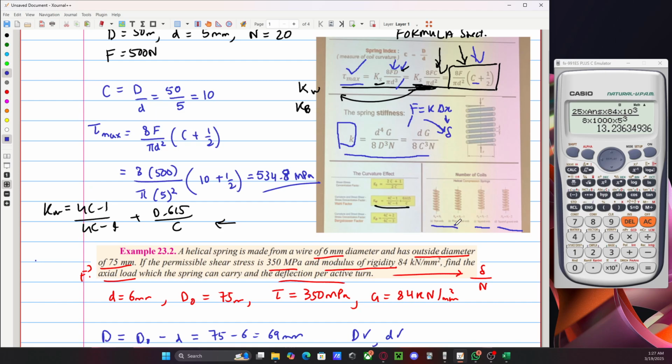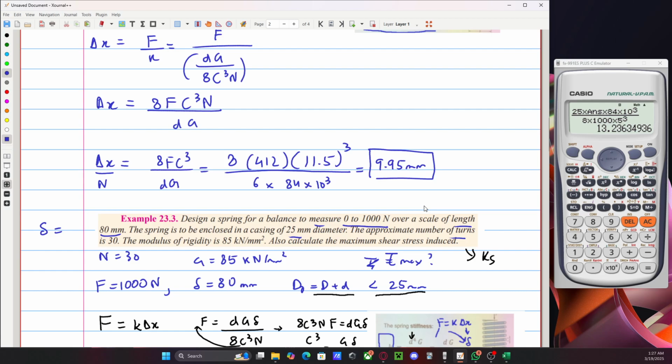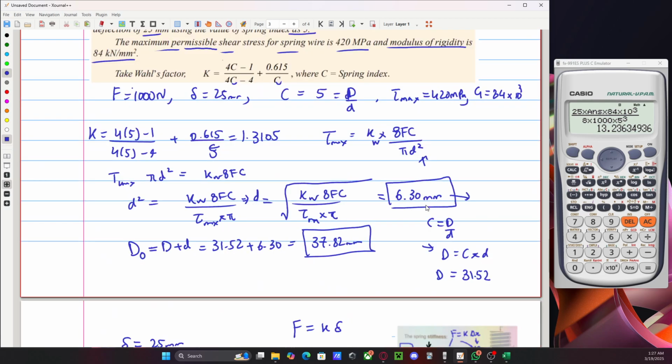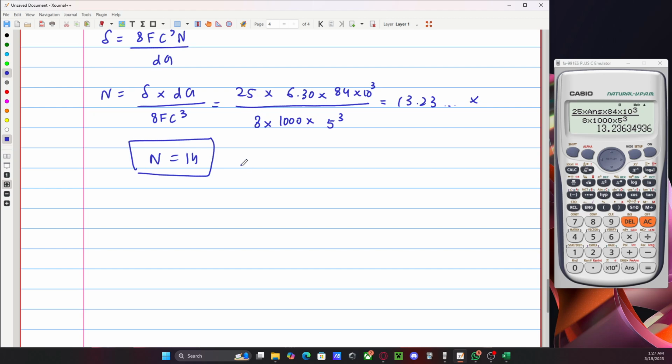And for plain ground ends we add 1. So if we were told which type of ends we're using, this will just be for normal, right? So if we were told, for example, to work out the n for squared plus ground ends, then this would be n plus 2, which is 16 turns.